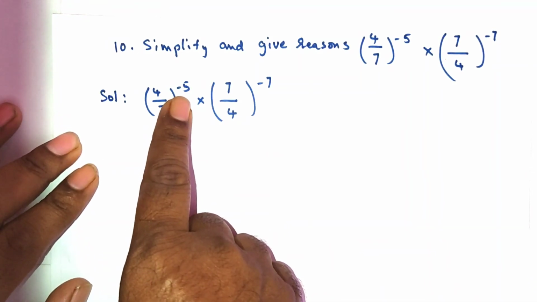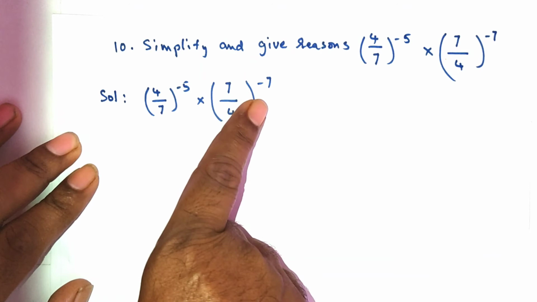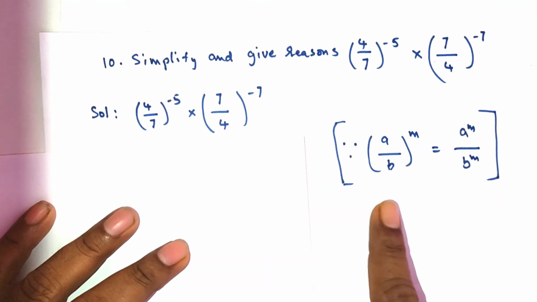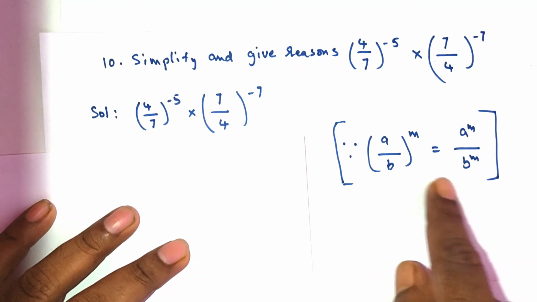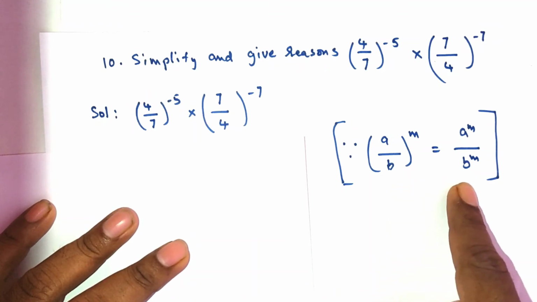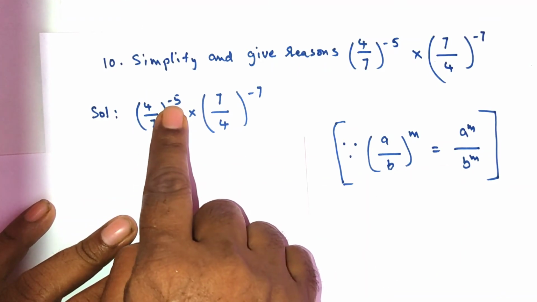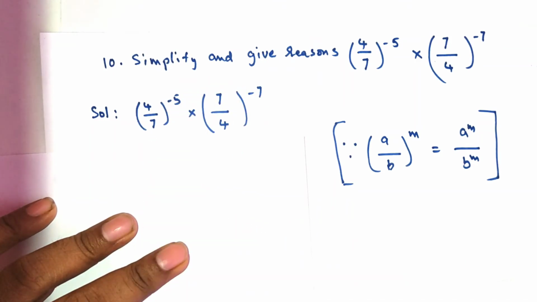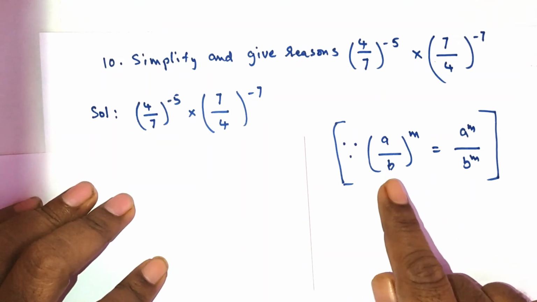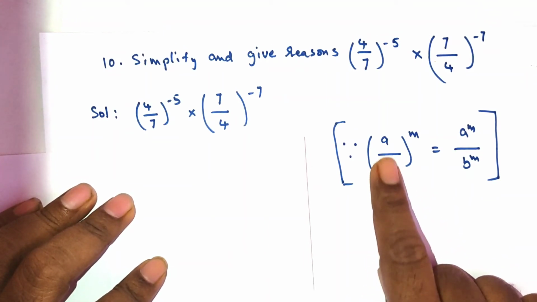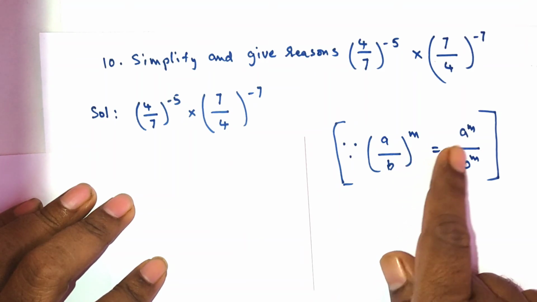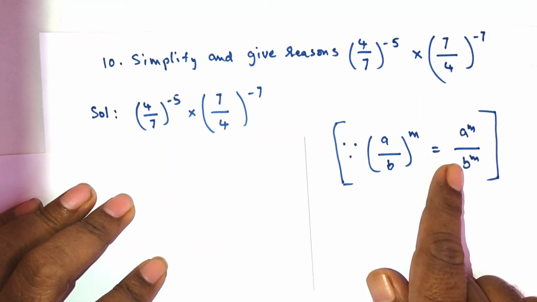When we get a whole power like this, we have to use a law of exponents. This is the law of exponents we have to use when we get whole power like this. The law of exponents is (a by b) whole power m is equal to a to the power of m by b to the power of m.